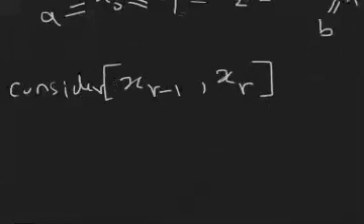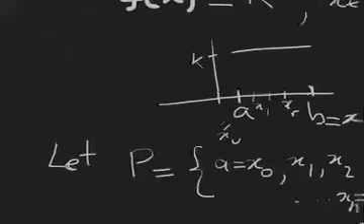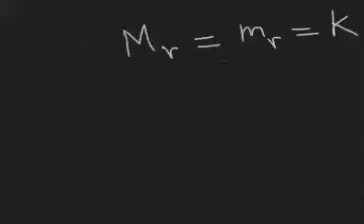So capital M sub r is equal to small m sub r, and this is equal to the constant value k. Then let's compute the lower sum of f.